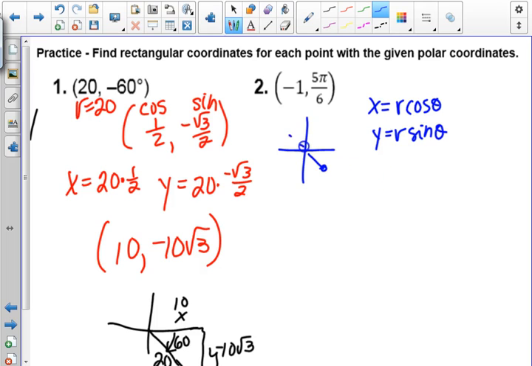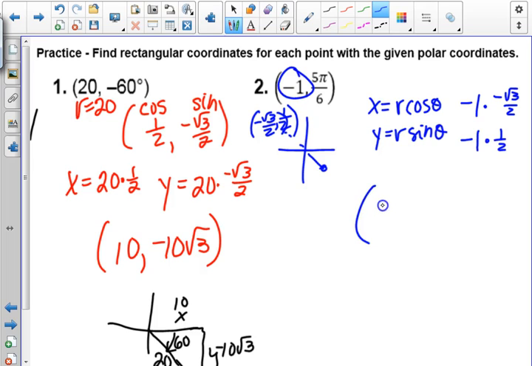So at 5 pi over 6 on your unit circle, the ordered pair is negative square root of 3 over 2 and 1/2. Could I write that any smaller? Sorry. So if R is negative 1, we have negative 1 times negative square root of 3 over 2 and negative 1 times 1/2.